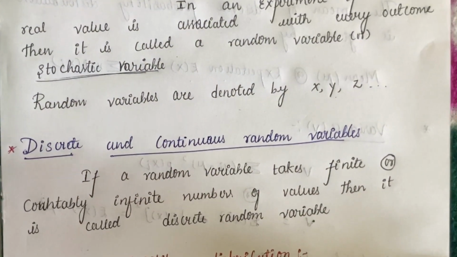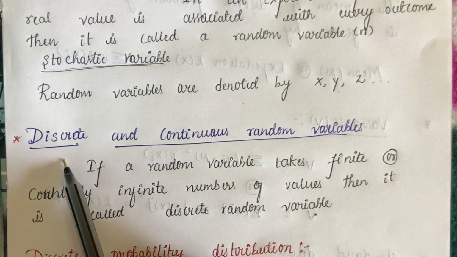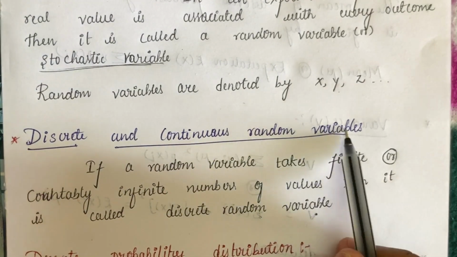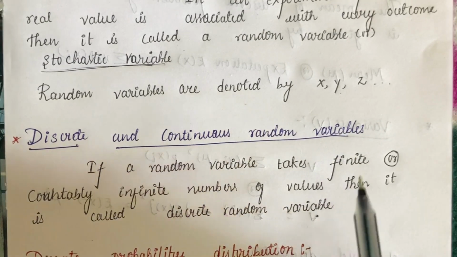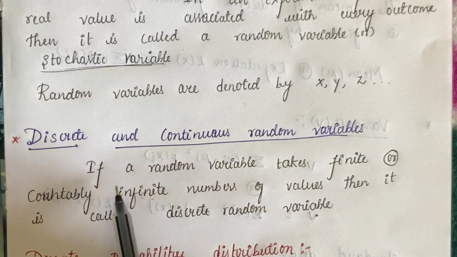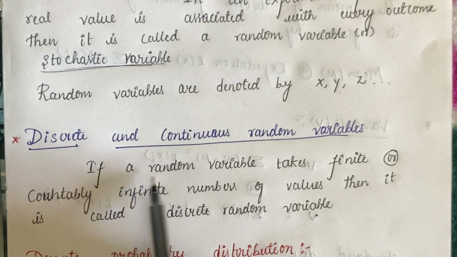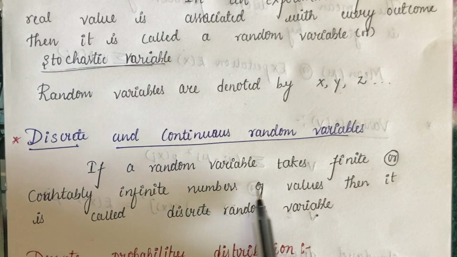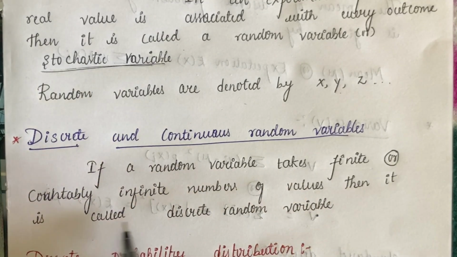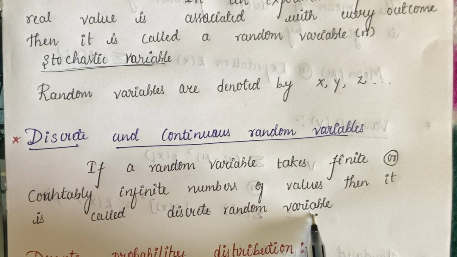Next, moving on to the next topic: what are discrete and continuous random variables? Discrete is one where the random variable takes finite values. The definition is: if a random variable takes a finite or countably infinite number of values, then it is called a discrete random variable.